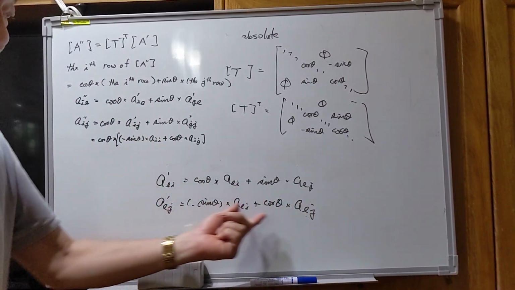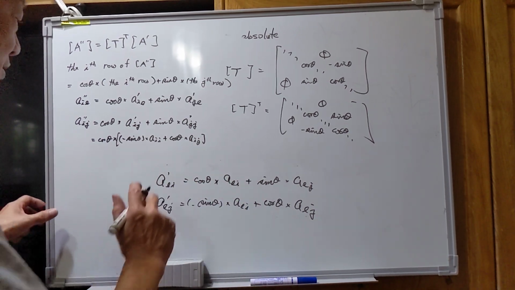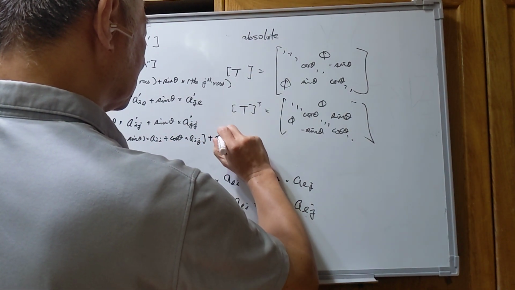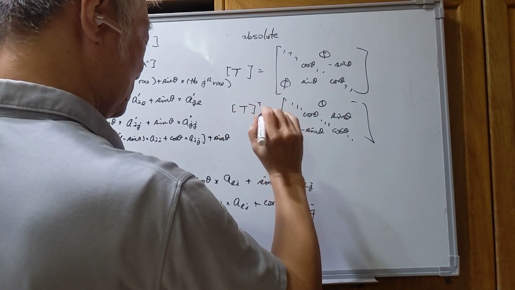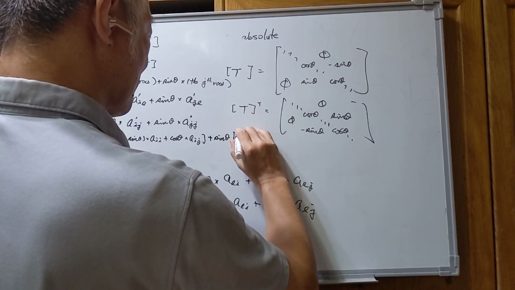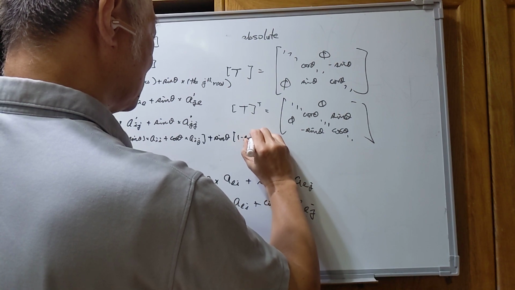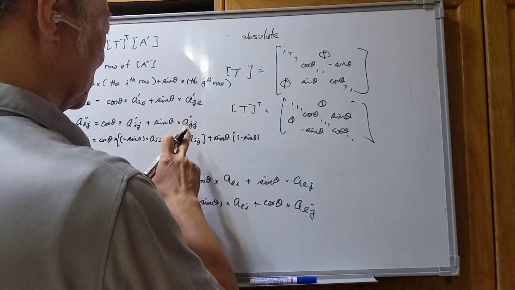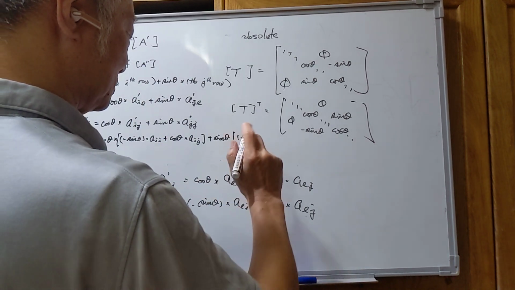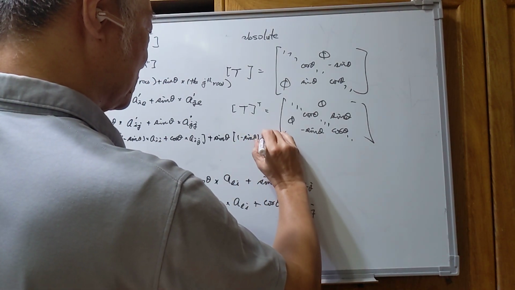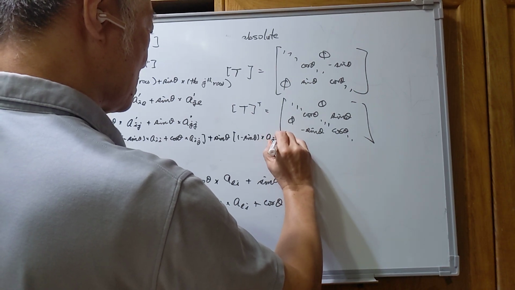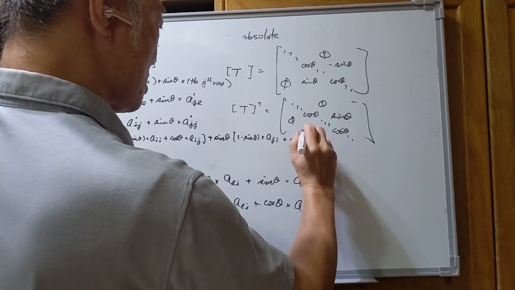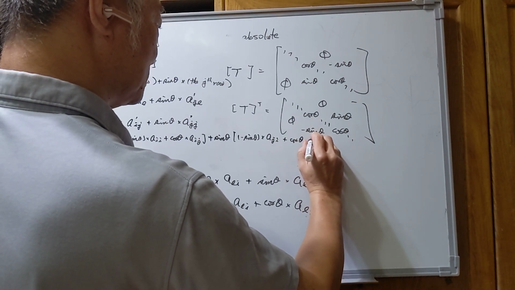We can get it from the second formula here. And also I need to add sine theta times negative sine theta. I need the Ajj prime, so times Aji plus cosine theta times Ajj.